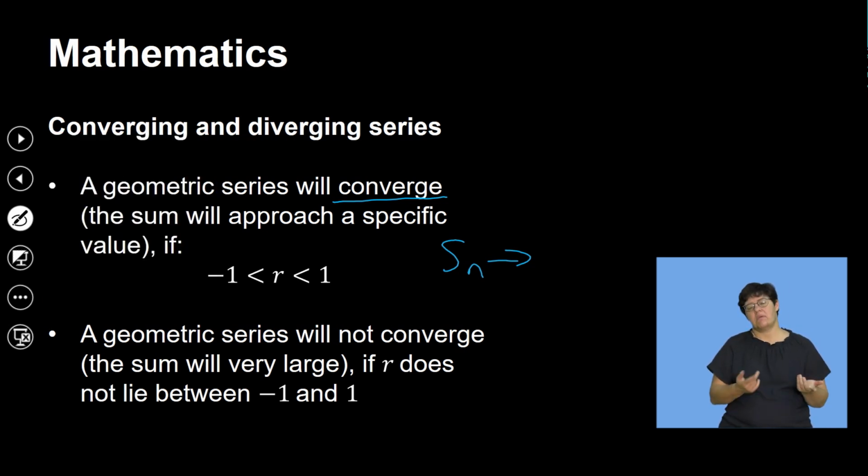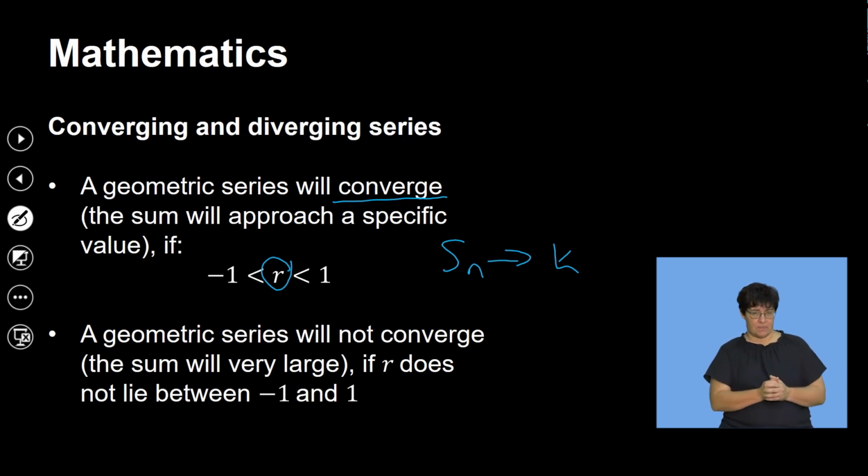So it approaches a value k, which is a specific value that we do know. So there is a limit, right? If the value of r is trapped between -1 and 1, so the value of r should be greater than -1 and less than 1. So if it's maybe 1/2, then it's okay. If it's 0, then also it is okay, right?